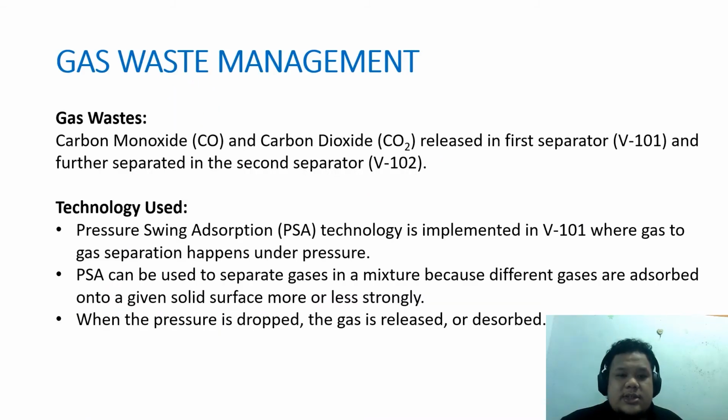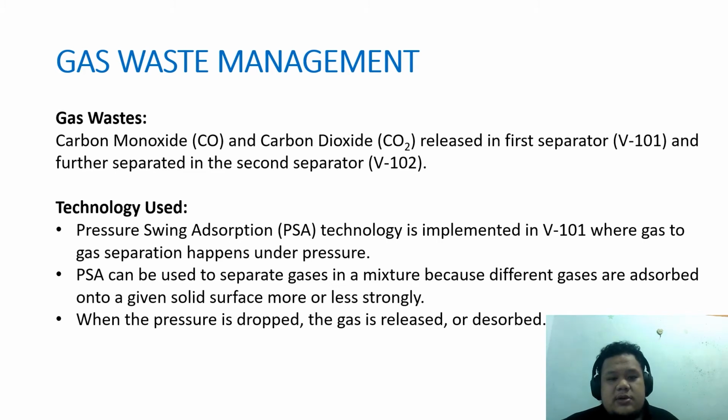As for gas waste management, the gas waste emitted from the proposed project is carbon monoxide and carbon dioxide. These air pollutants are released in the first separator, which is V101, and will be further separated in the second separator, V102.